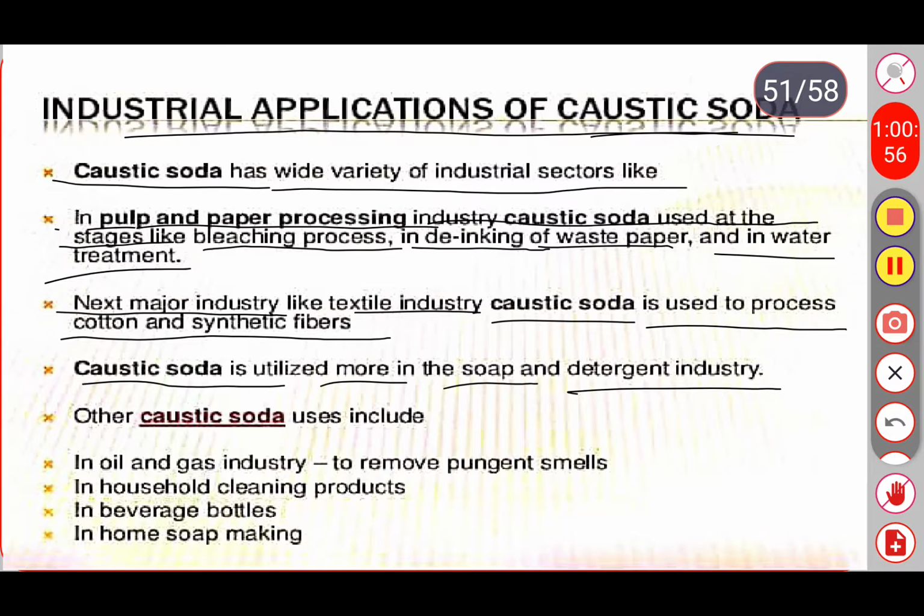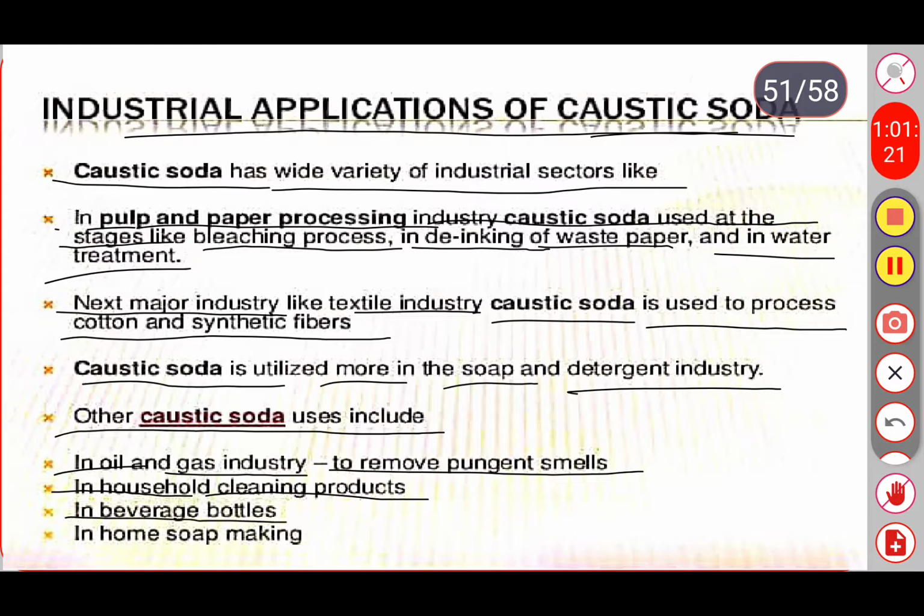And next is household cleaning products. What we are using, Dettol, Harpic or Phenyl, all those substances involve caustic soda. And in beverage bottles and home soap making we also use caustic soda. So these are some uses of caustic soda.